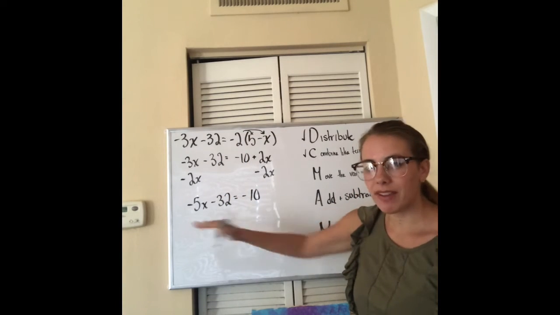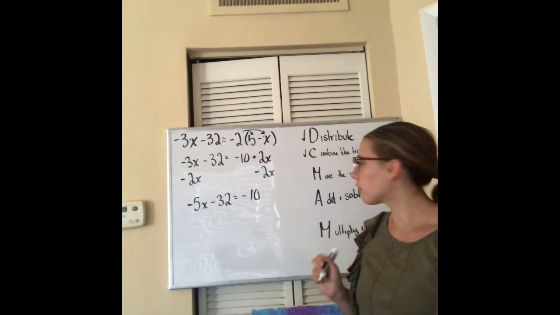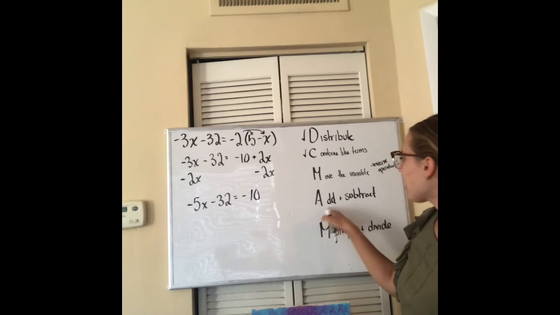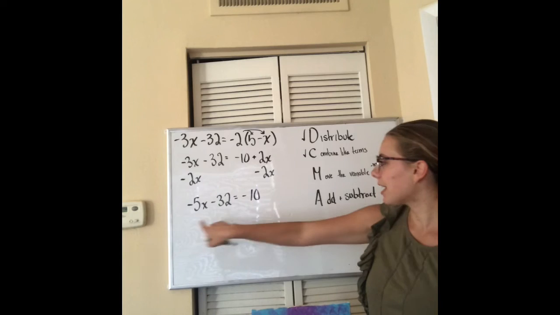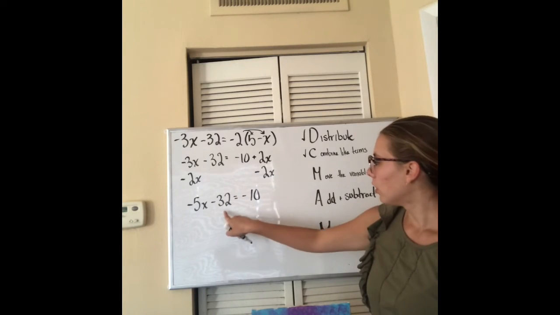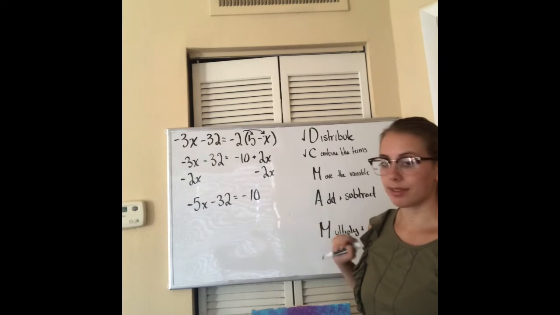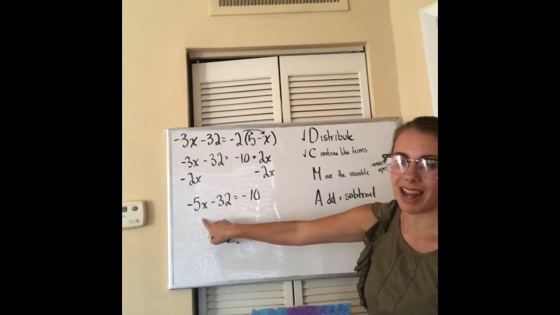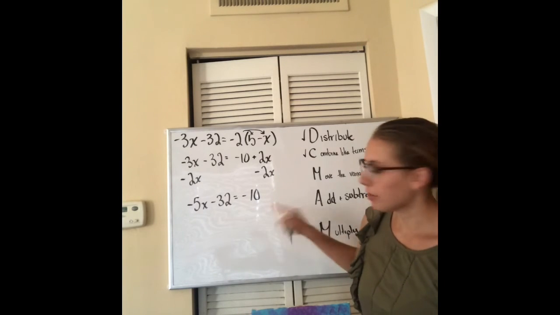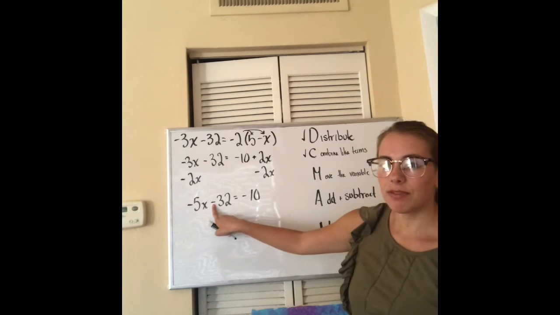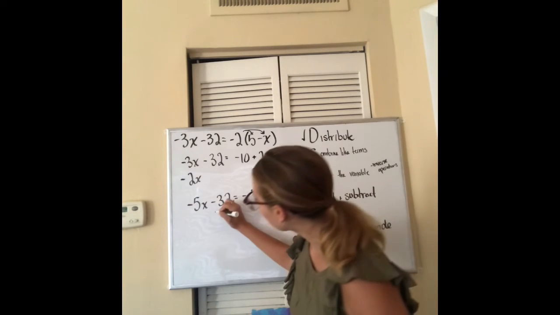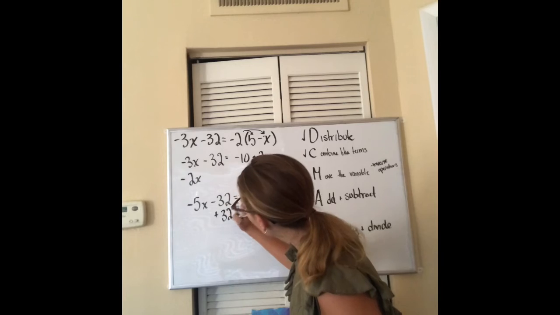So now I have all my variables on one side of the equation. That's good. Now what I need to do is add and subtract the numbers to get the variable by itself. So I want to move this 32 to the other side of the equation, because remember we want x by itself and we want the numbers by themselves. The inverse of subtraction is addition, so I'll add 32 to both sides.